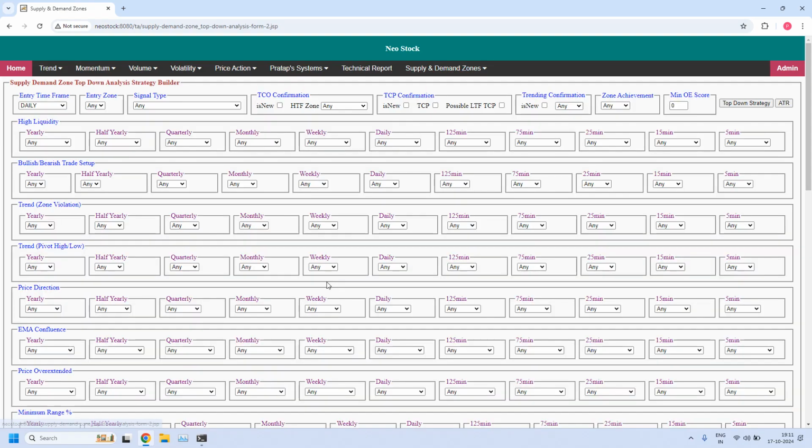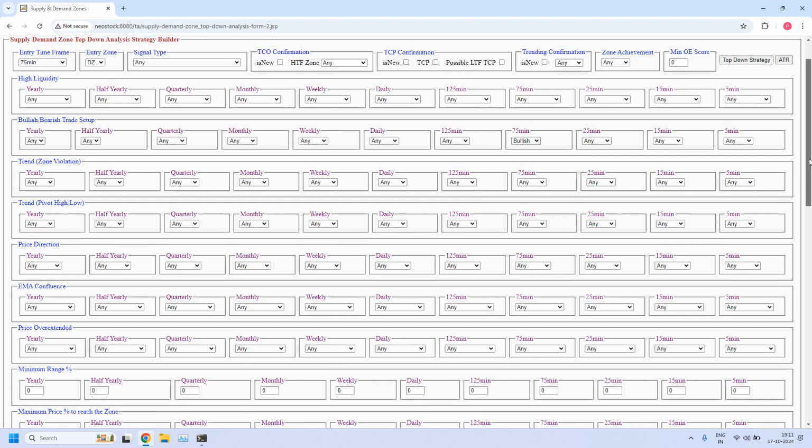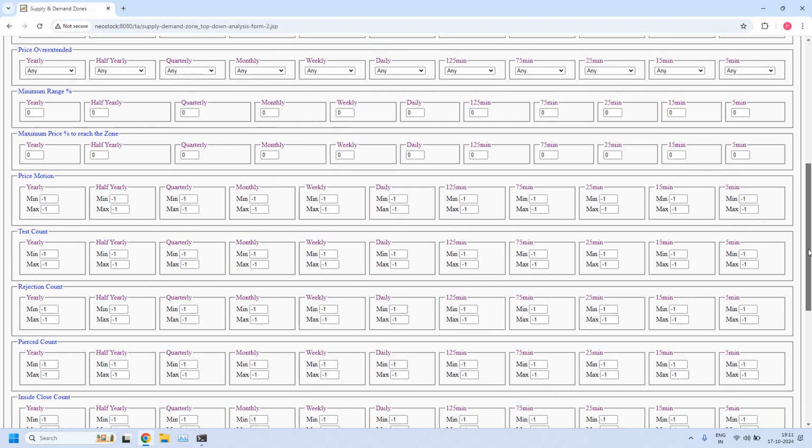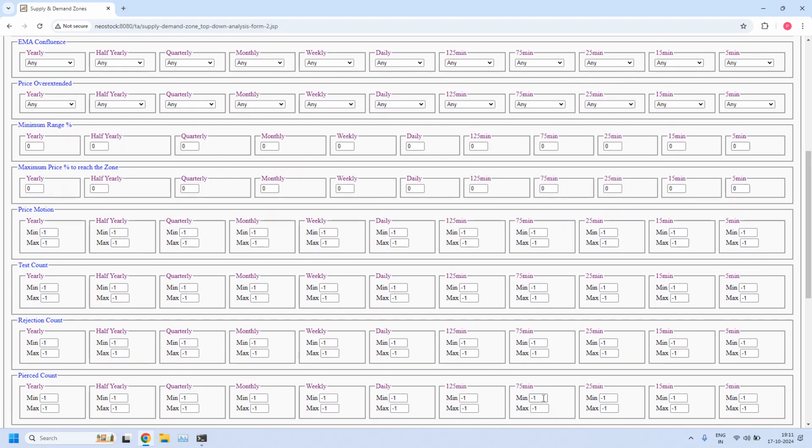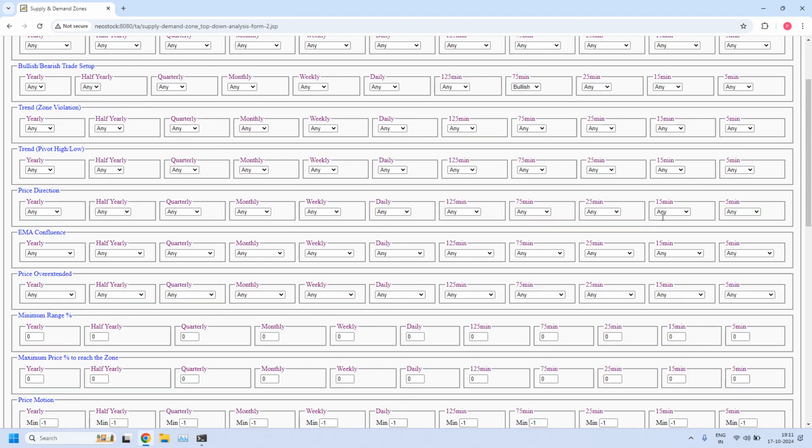Okay, next let's look for bullish trade setup for our weekly income trade. In weekly income trade, entry time frame 75 minutes, entry zone demand zone. In bullish or bearish trade setup at 75 minutes, I am selecting bullish, and the 75 minutes demand zone should not be pierced. So in the pierced count at 75 minutes time frame, I am setting minimum value 0, maximum value 0.